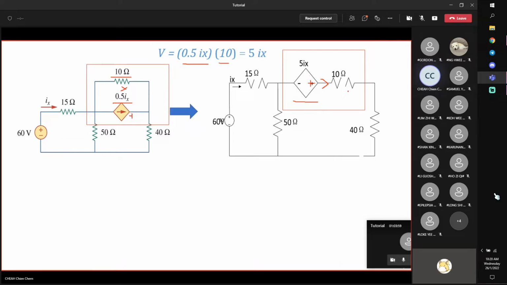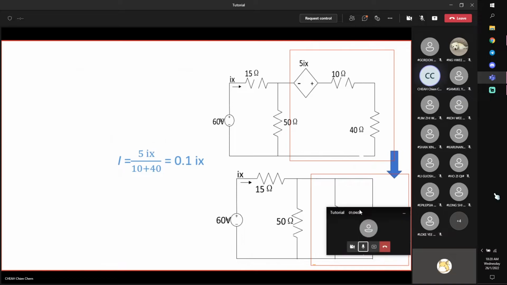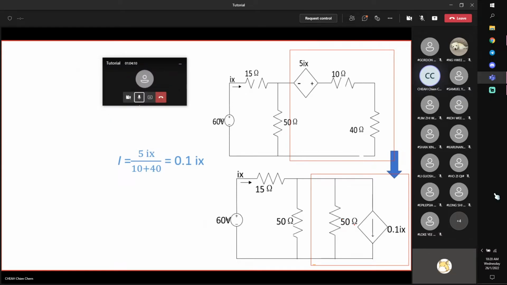Then we have a 10 ohm resistor, and it is now in series with 40 ohms. Therefore, I can add them up, and I get 50 ohms. I can then transform this voltage source in series with 50 ohms into a current source in parallel with 50 ohms. This means given voltage, 5 Ix divided by 50, V over R is I, you get 0.1 Ix.